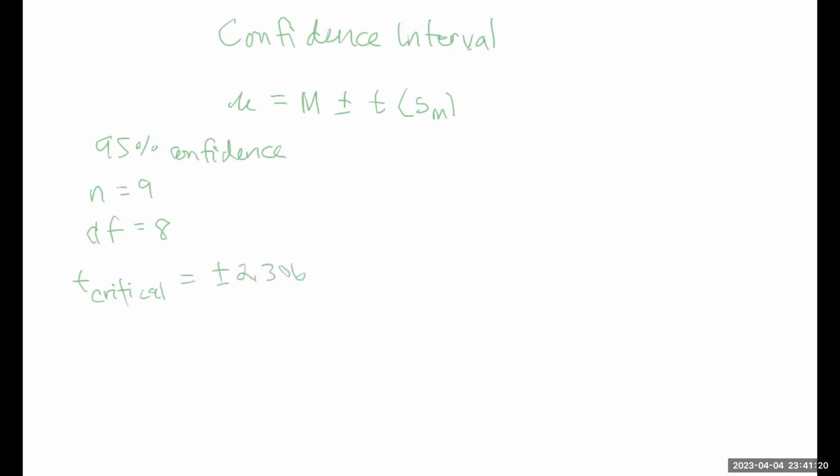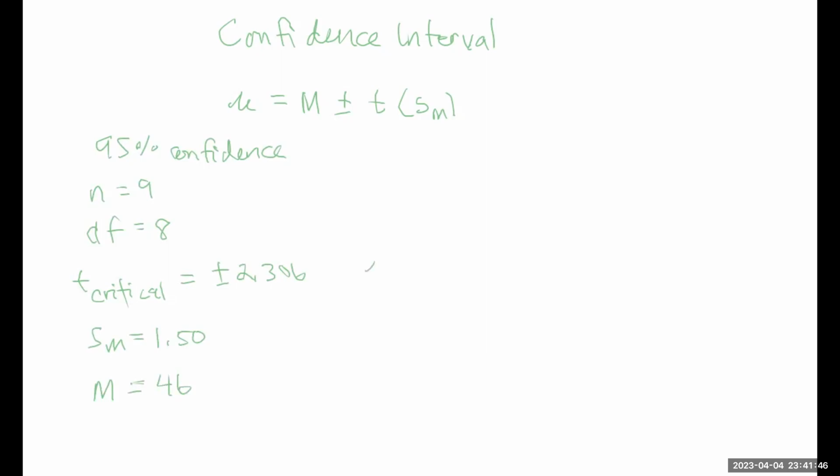We did find out that my estimated standard error of the mean was 1.50. And I know that my sample mean was 46. So I have all the information I need to get that confidence interval.